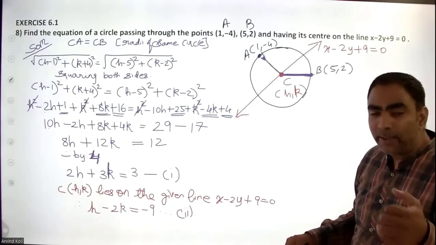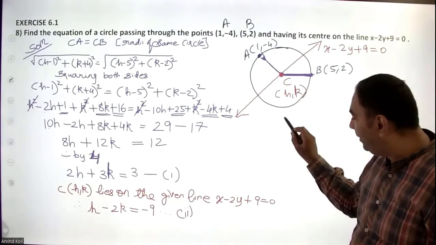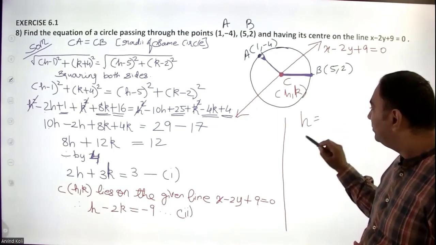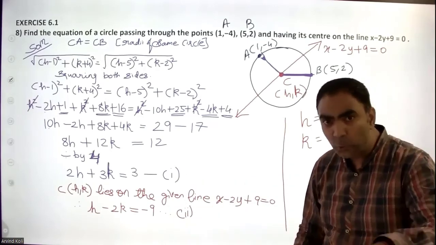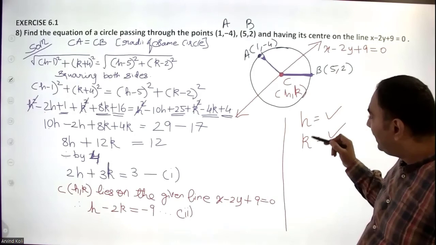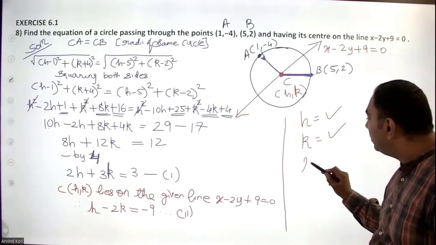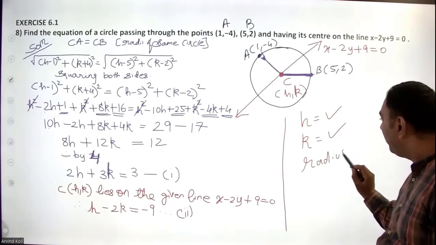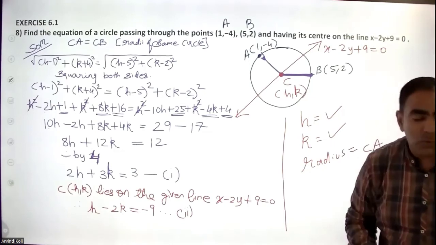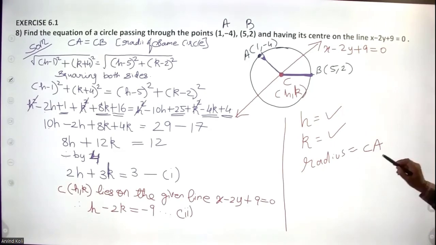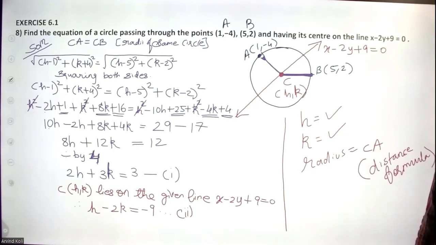Now students, equation 1 and equation 2 are visible, and we will solve both of them simultaneously. Once we solve them simultaneously, we will find h and k, by solving these two equations simultaneously, as we did a little while ago. And once you get h and k, how will we get the radius? By applying the distance formula, radius is equal to CA. This will be calculated by the distance formula.